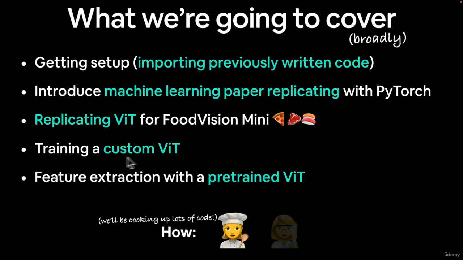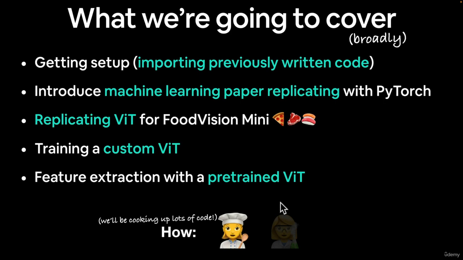We're going to train our own custom ViT, and then later on, we're going to see if we train a ViT from scratch, so with our own custom data, does that perform as well as doing feature extraction with a pre-trained ViT or Vision Transformer? Now, this is transfer learning, right? Like what we covered in section 6. And how are we going to do it? Well, like we always do it. We're going to be cooking up lots of code.